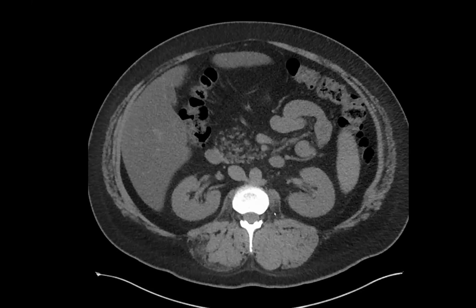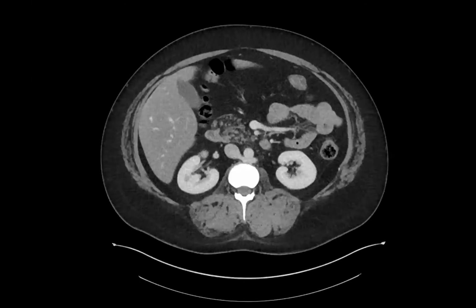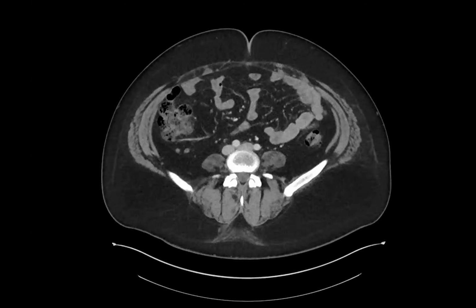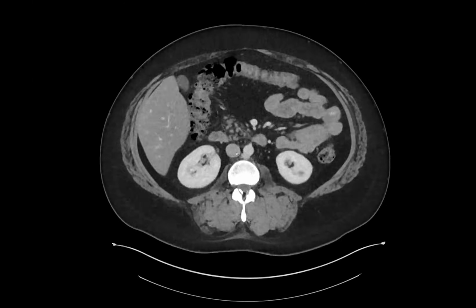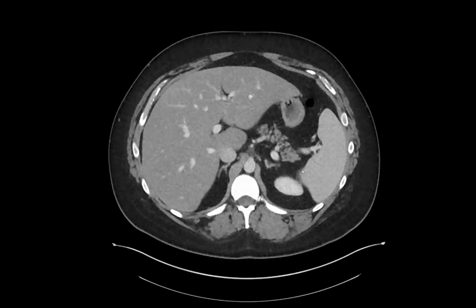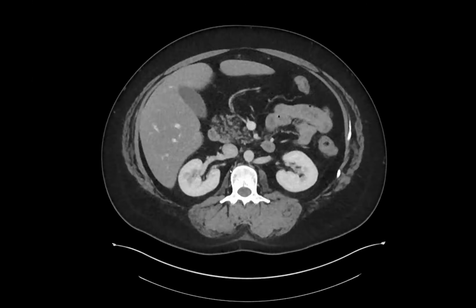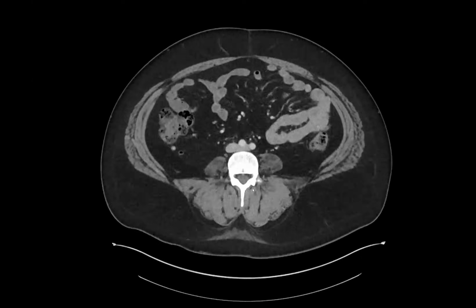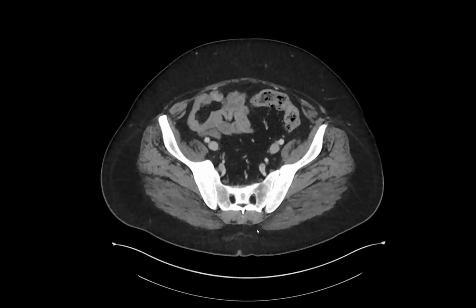A lot of fatty atrophy. Fatty liver too. I don't know if that's part of it. The pancreas is also a little off. I think the pancreas may be unrelated, but yes, a lot of atrophy of the psoas and even other muscles.